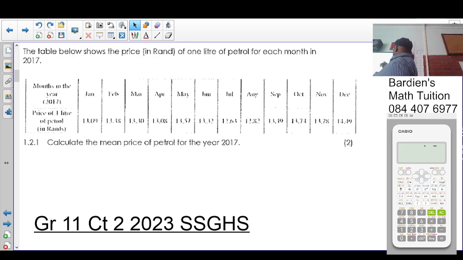Okay, so how do we do that? First press mode, then 3 for stat, 1 for variance. Okay.